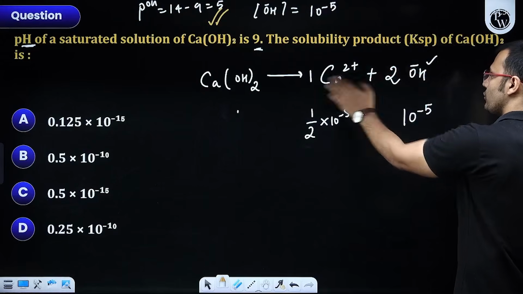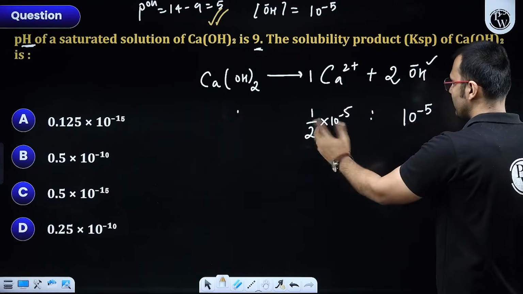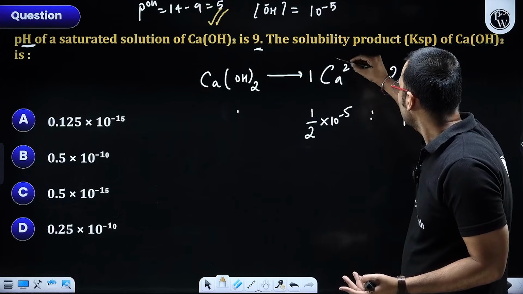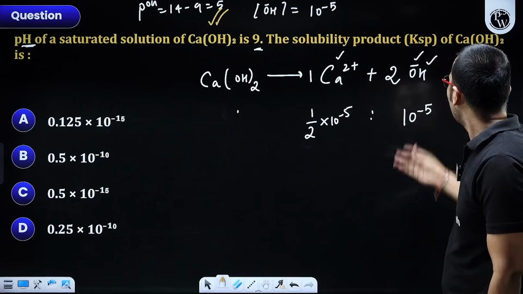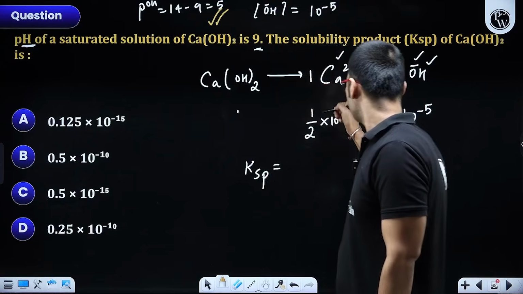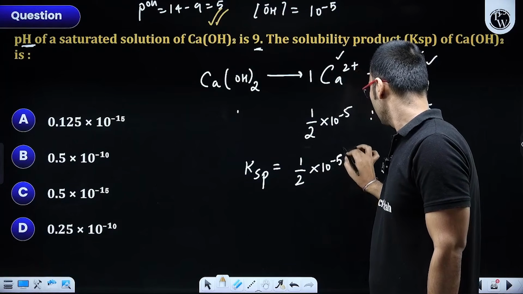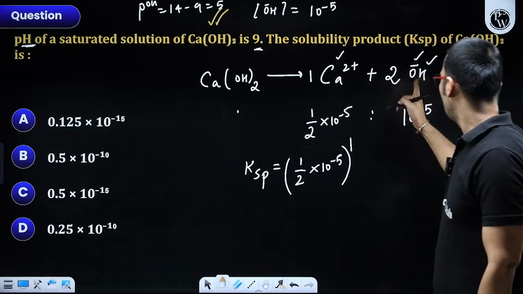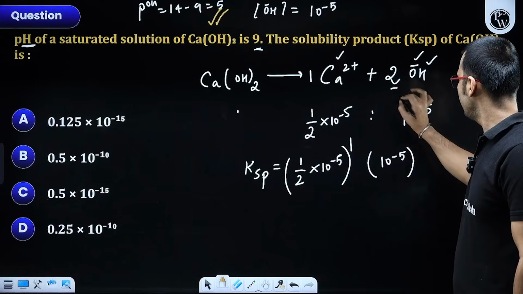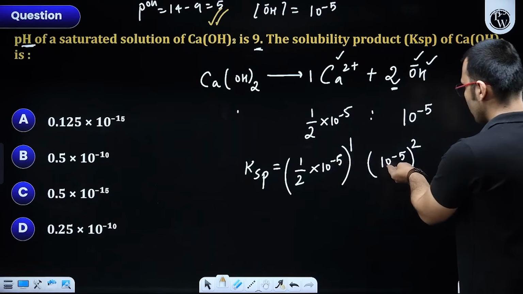Now, if I know the concentration of calcium and hydroxide, I can easily find the Ksp. Ksp will be the concentration of calcium ion, which is half into 10 power minus 5, power coefficient 1, into the concentration of hydroxide ion, which is 10 power minus 5, power coefficient 2. Multiplying, half into 10 power minus 5 into (10 power minus 5) squared, this will be 10 power minus 10.